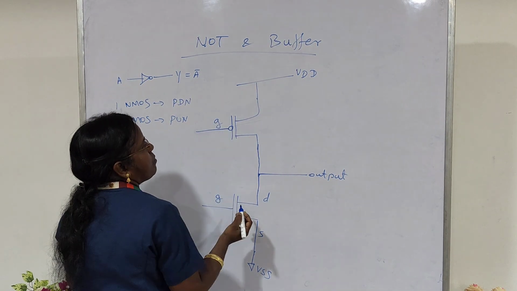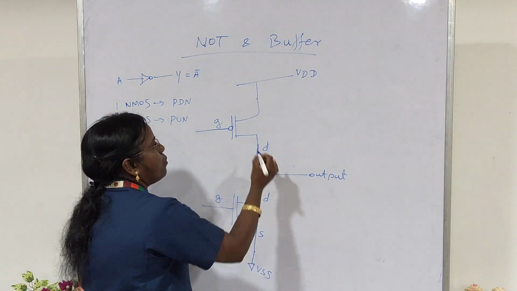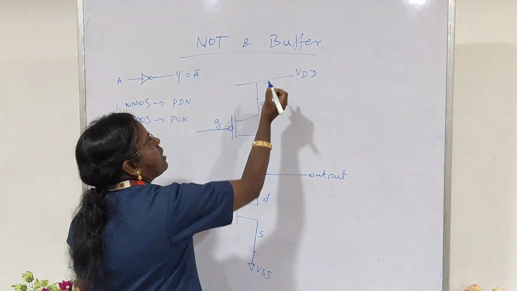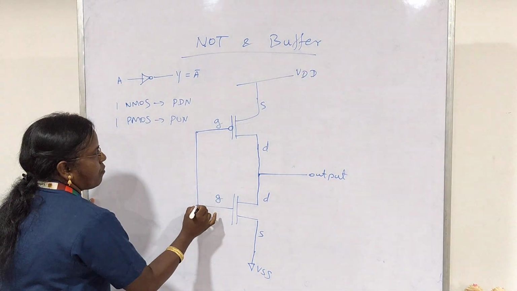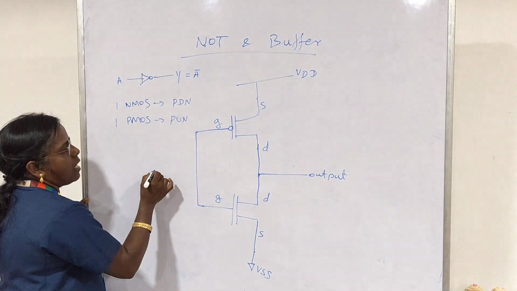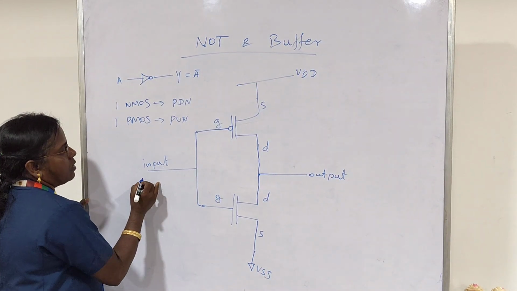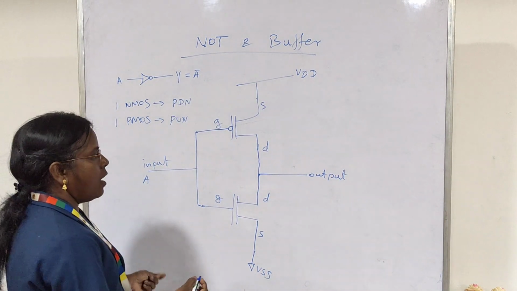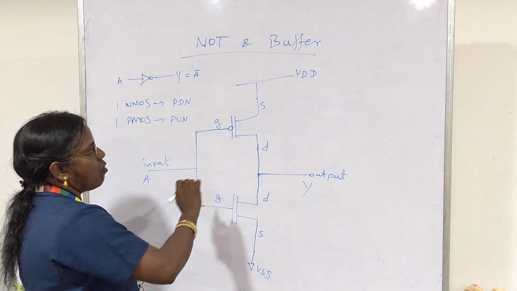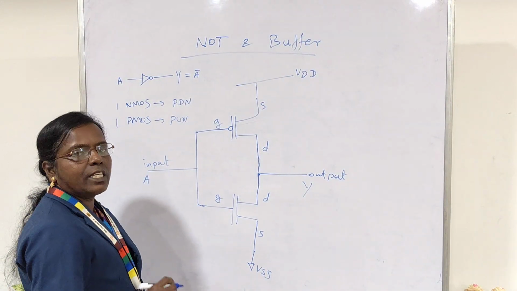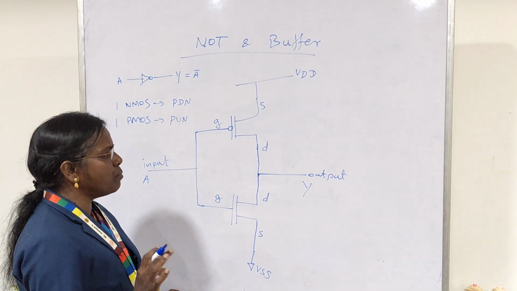The drain of the PMOS must be connected to the output, and the source must be connected to the supply rail VDD. Connect the gate terminals of NMOS and PMOS together and connect them to the input terminal. This you can consider input A and this you can consider output Y. So this is how we have to construct the CMOS inverter in CMOS logic.